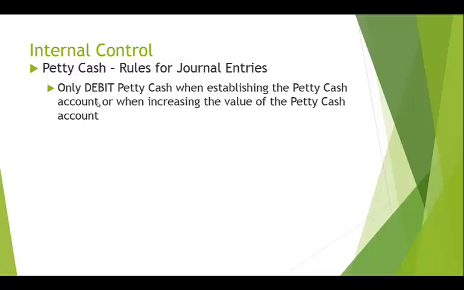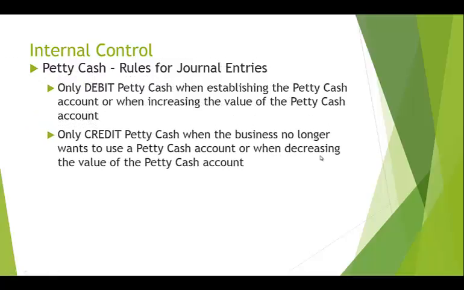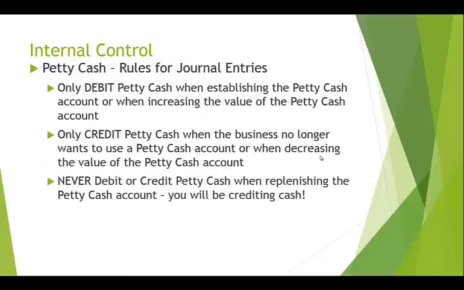The only time that we will credit petty cash is when the business no longer wants to use the petty cash account, or if we want to decrease the value of the petty cash fund. Here's the golden rule though, and that is you should never debit or credit petty cash when replenishing the petty cash account, because what you're going to do is put regular cash back into the drawer, so we'll be crediting cash, not petty cash.